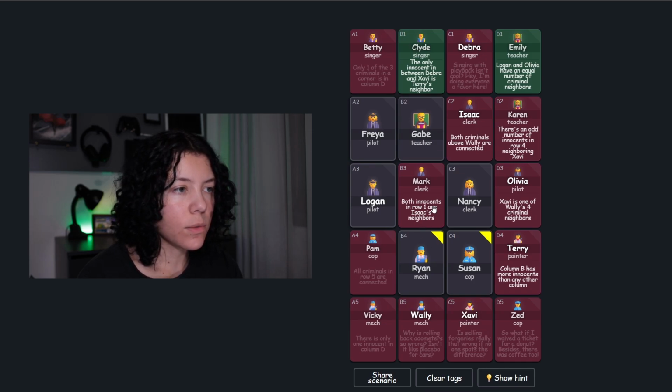Both innocents in row 1 are Isaac's neighbors. I don't need this anymore. Isaac's telling us that both criminals above Wally are connected. That doesn't really help us. Olivia is telling us that Xavier is one of Wally's 4 criminal neighbors. Terry is telling us that column B has more innocents than any other column.